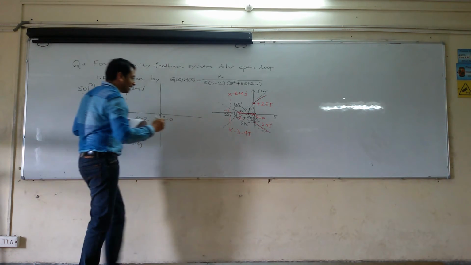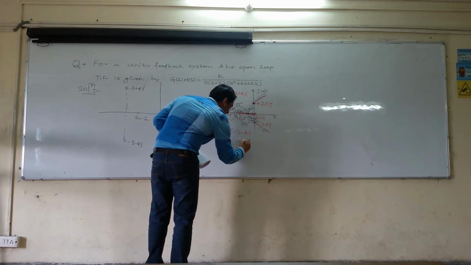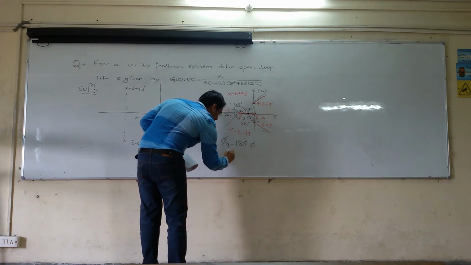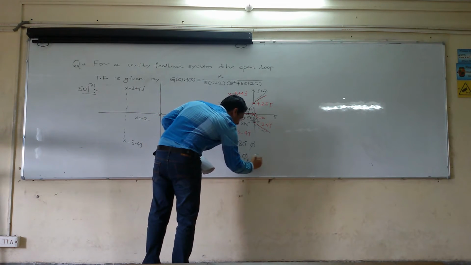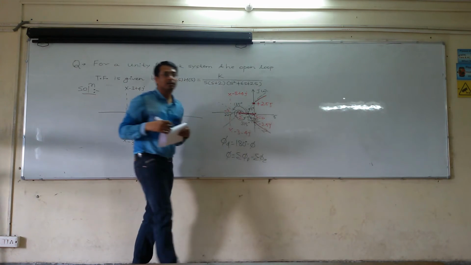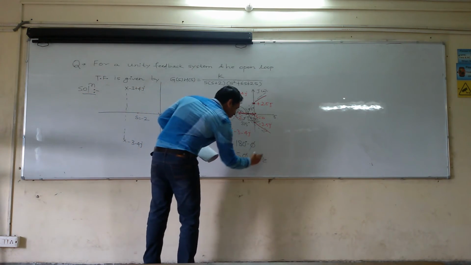You know that the angle of departure phi d is equal to 180 degrees minus phi, where phi is equal to summation of phi p minus summation of phi z. There are no zeros in this particular equation, so this will be equal.